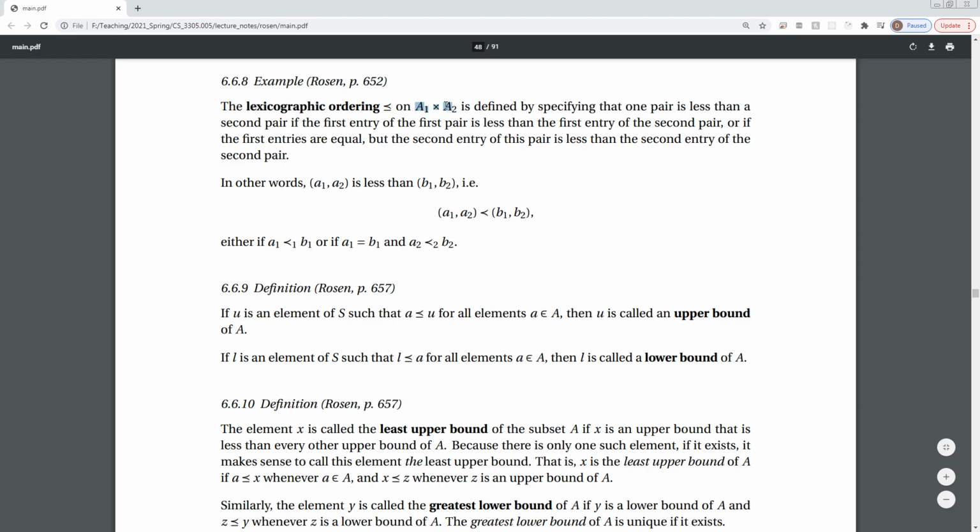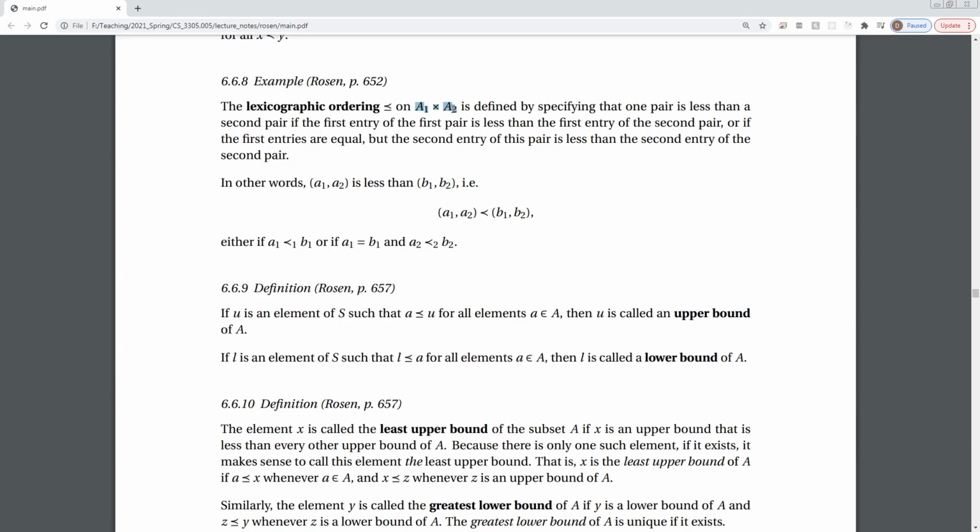On some set A1 cross A2, or the product of A1 and A2, it is defined by specifying that one pair is less than a second pair if the first entry of the first pair is less than the first entry of the second pair, or if the entries are equal but the second entry of the first pair is less than the second entry of the second pair. That's kind of a mouthful. We probably read that several times and don't really understand what it's trying to say. But again, this lexicographic ordering is dictionary sorting.